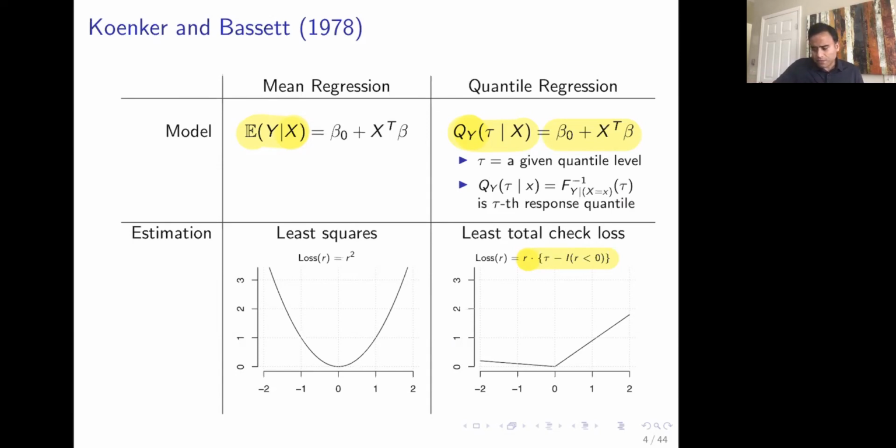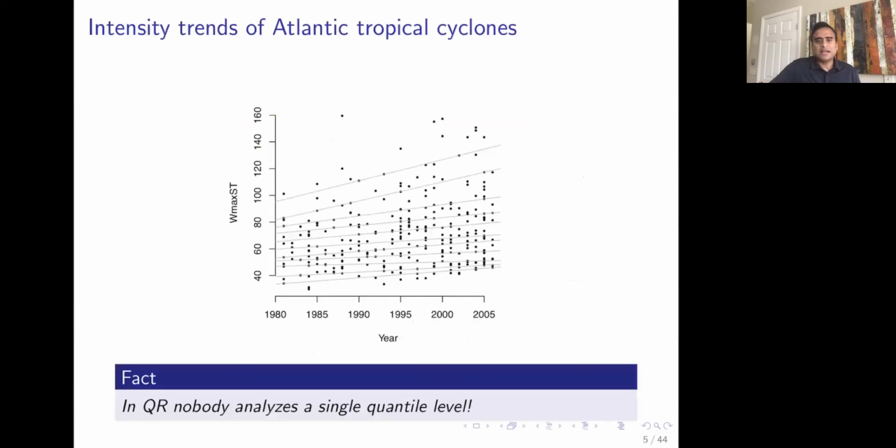Now, what happens in reality is that you never stop at one quantile level. You never know exactly which quantile level to work with, particularly if you're not just focusing on the median. Median is sort of a special choice. If you're interested in the central relationship, you go for that. But if you're trying to probe the tails or one of the two tails, there is no one particular magic value that represents the whole tail.